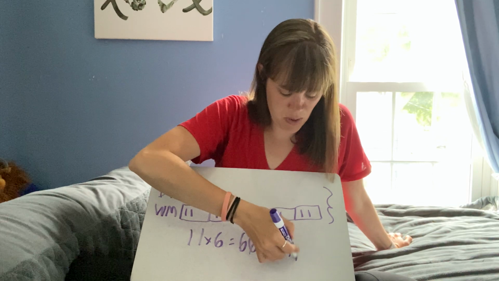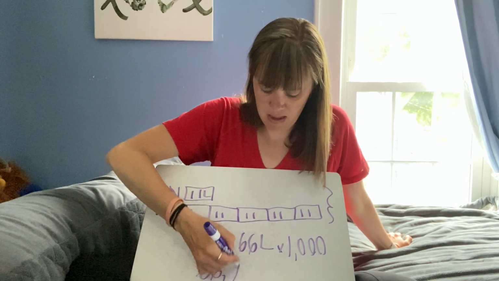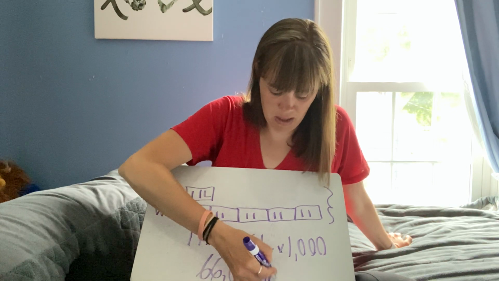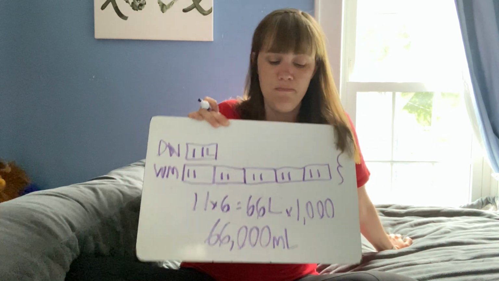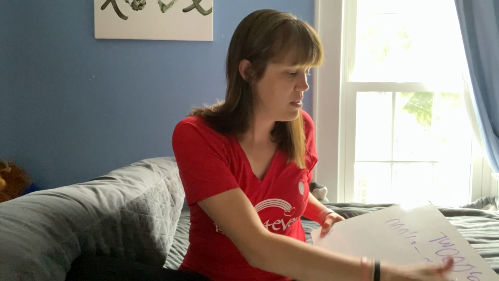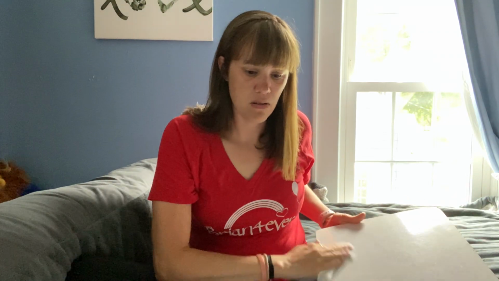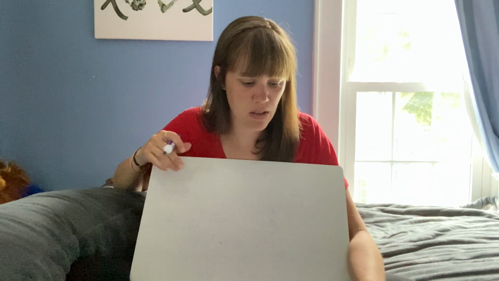So now we just multiply by 1,000 and we have 66,000 milliliters. Not too bad. So your answer statement, 66,000 milliliters are used for one cycle, not for each machine.